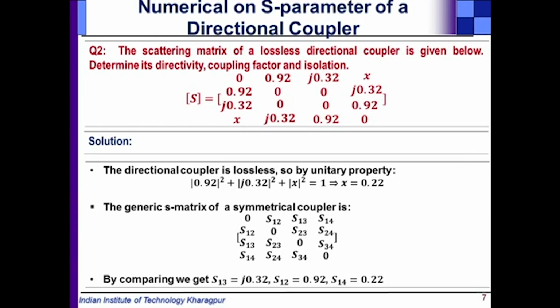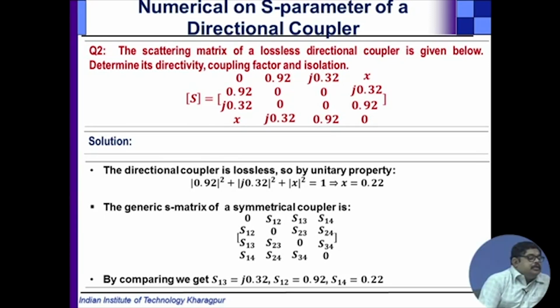The scattering matrix of a lossless directional coupler is given. Determine its characteristic parameters, that is directivity, coupling factor and isolation. You see here deliberately one value is not given, the S41 value, S41 or S14, whatever you say, let us call it X, but it is told that it is lossless.